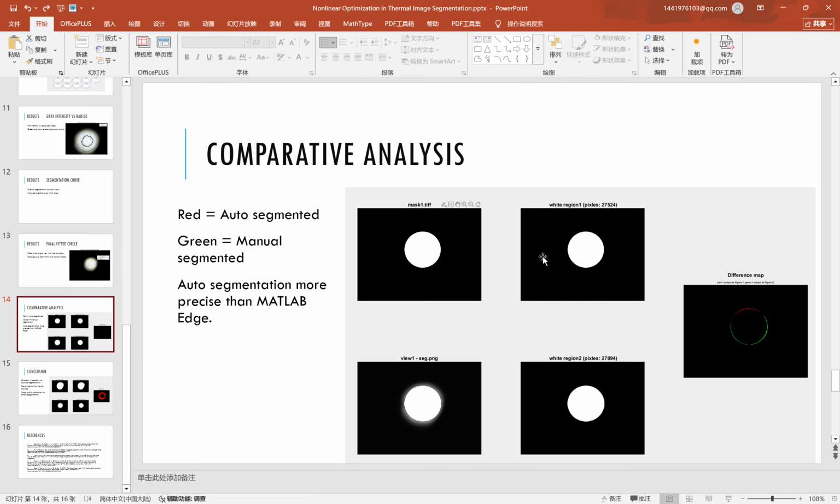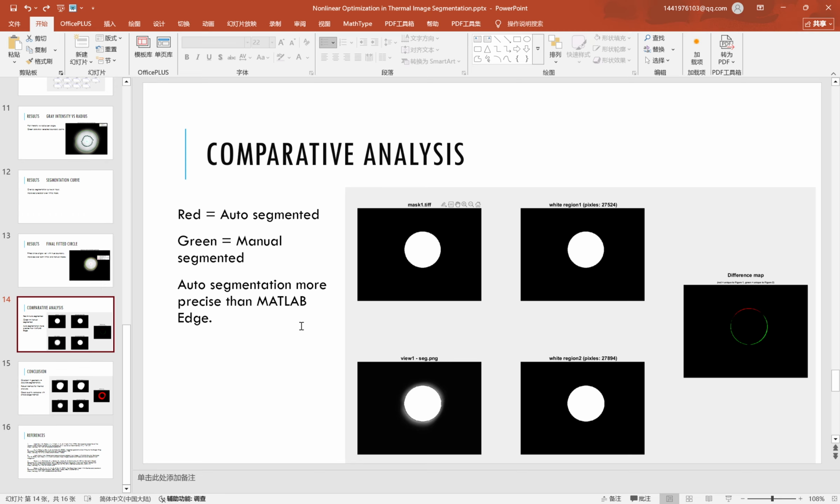The above figure is an analysis compared with manual segmentation, where the inputs are the segmentation mask output by the automatic script and the manual segmentation mask respectively, and the two regions are superimposed on the difference map of comparison. Firstly, the two white regions are subtracted.